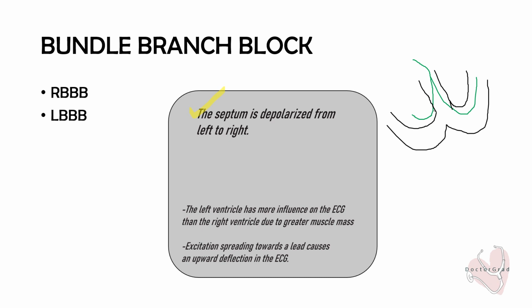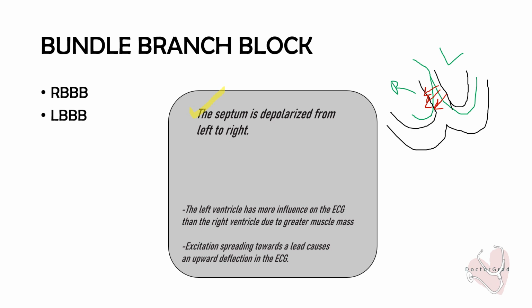Okay, so this is our right side, this is our left side. So septum getting depolarized from left to right means this is the direction of septal depolarization. I'll explain what significance this statement has on our ECG. Okay, septum depolarizes from left to right. So this is the normal direction of the septal depolarization.